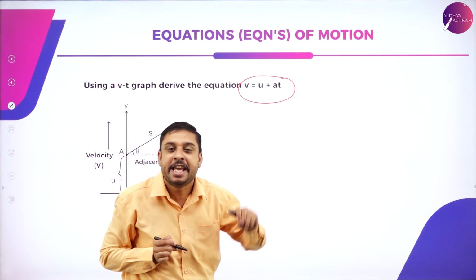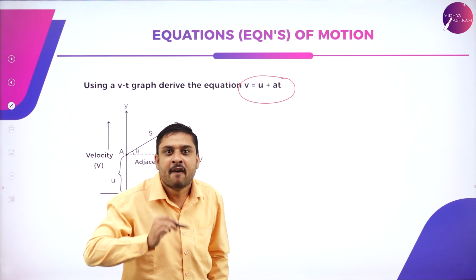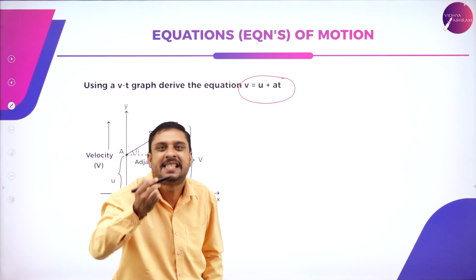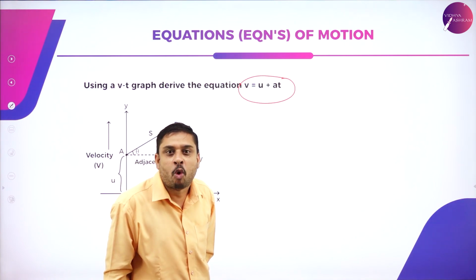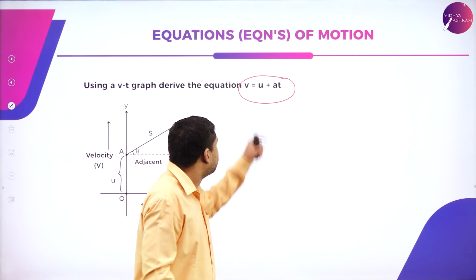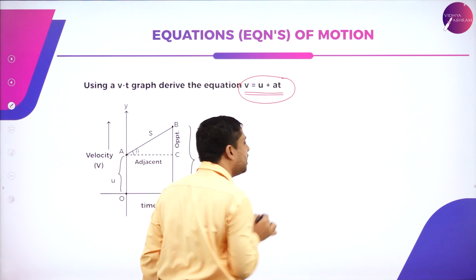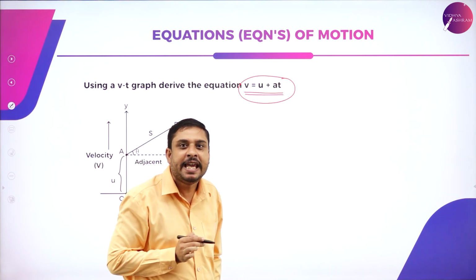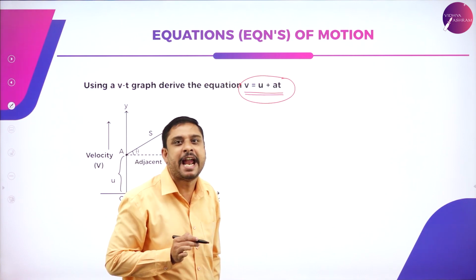There are three equations of motion, three equations which mathematically describe the nature of motion of a body, out of which the first equation, the fundamental equation, is V equals U plus AT.